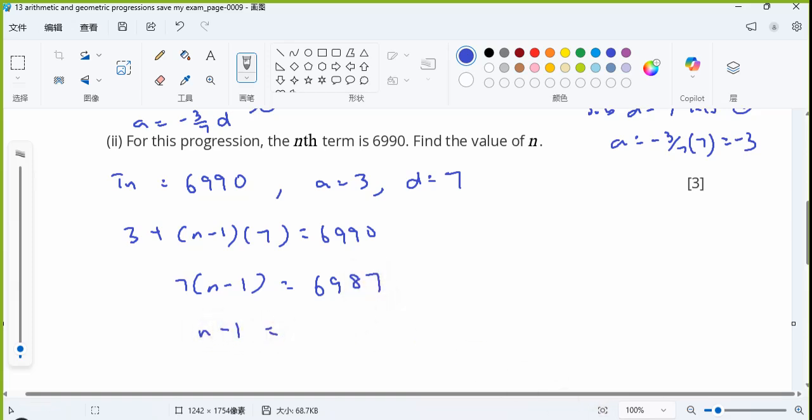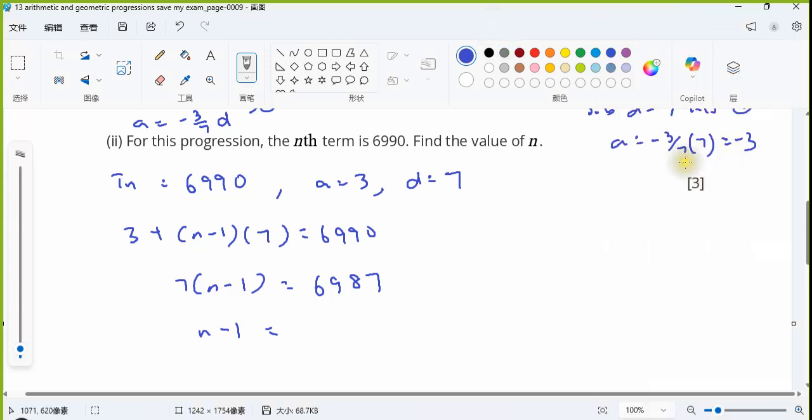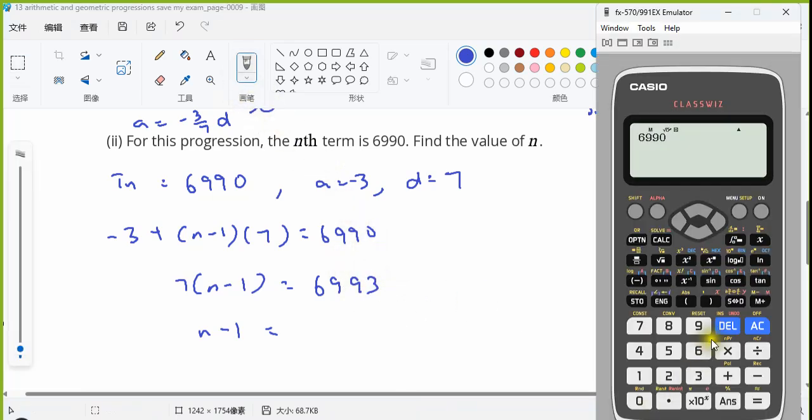So n minus 1 is 6993 divided by 7, which is 999.